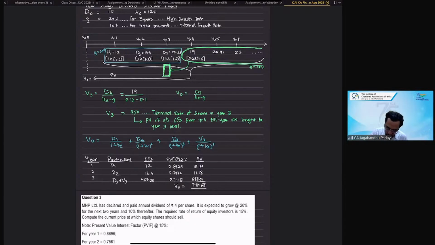Onwards means it has declared, right? If it has been paid, it's D0. Or if the question said it is expected to pay, then it's going to be D1.